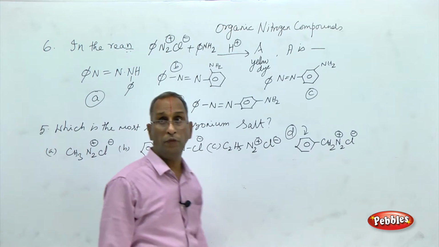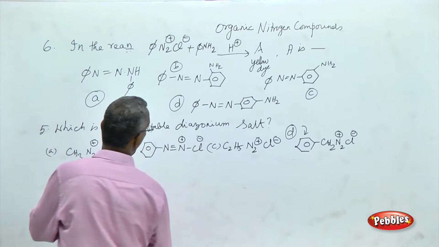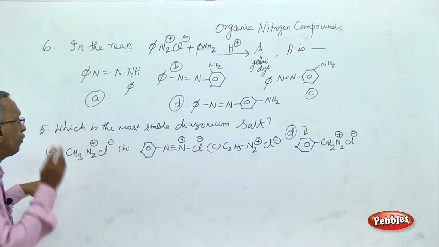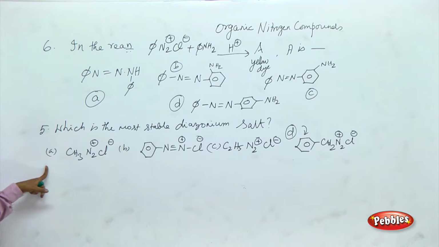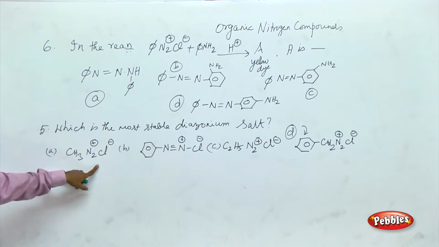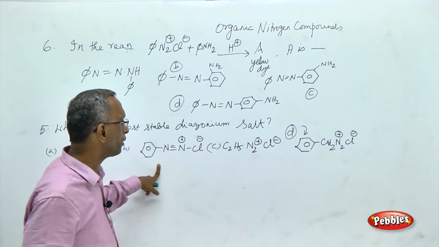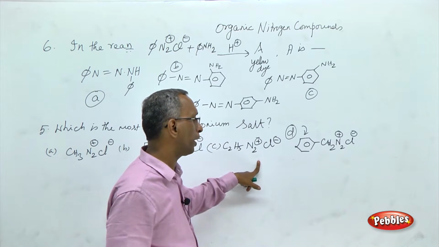Now, the fifth question reads in this fashion. Which of the following diazonium salts is the most stable? Here, first one, methyl diazonium chloride. Second one, benzene diazonium chloride. Third one, ethyl diazonium chloride.